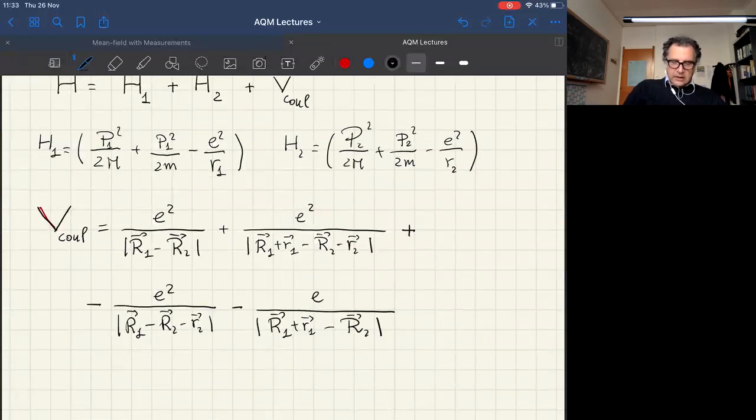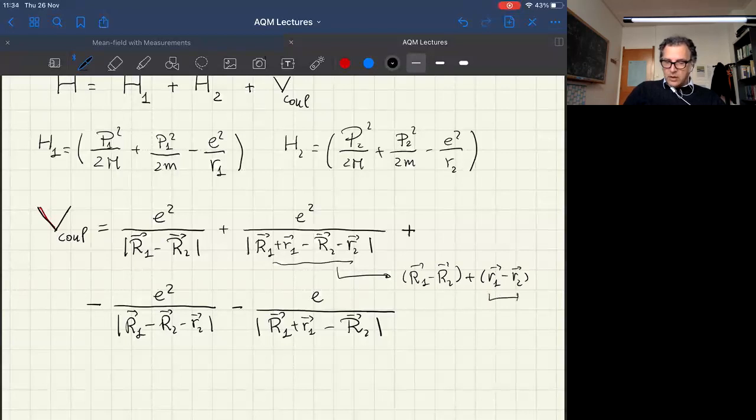You see that this is already R1 minus R2, that is the distance, okay? And then here is R1 minus R2. So you just take this one. This you can write as R1 minus R2 plus R1 minus R2, okay? So this is something small as compared to this, okay?